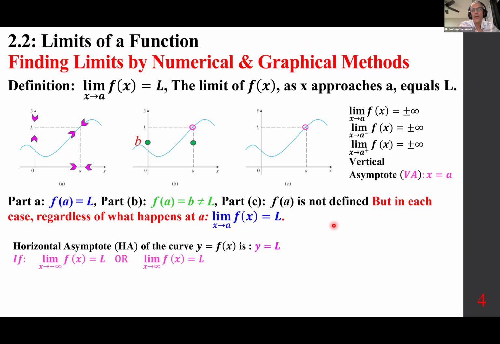If the limit of f of x as x approaches a from the left, not a negative, okay? A from the left. And this is a from the right. If any of those results is negative or positive infinity, it gives rise to the equation of a VA, short for vertical asymptote, x equals a. That's the definition.